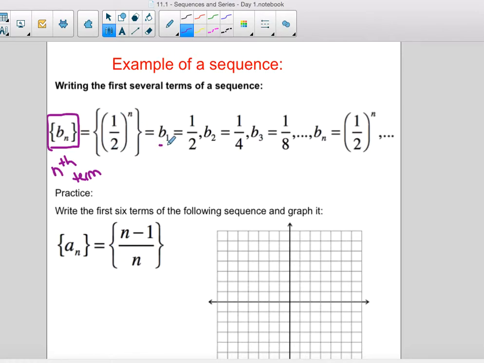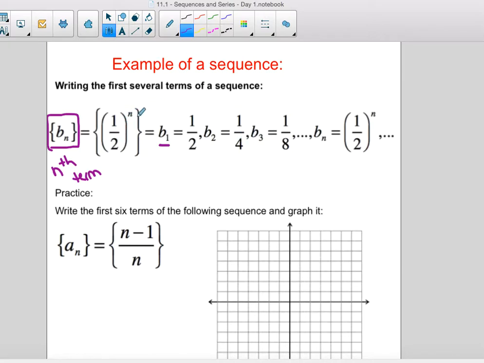So if I want to figure out the first term, this b sub 1 means first term. It's the first number you see in the pattern of the sequence. The first term would be, if you plugged in 1 for n, 1/2 to the first power, which is just going to be 1/2. The second term would be if I plugged in 2 for n, 1/2 to the second power is 1/4.